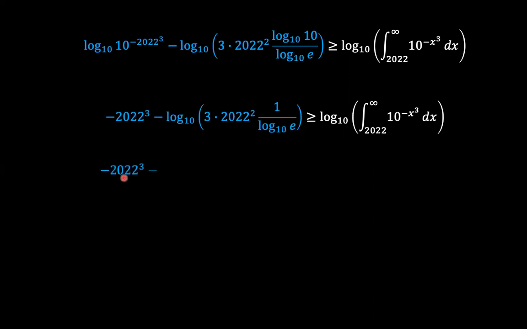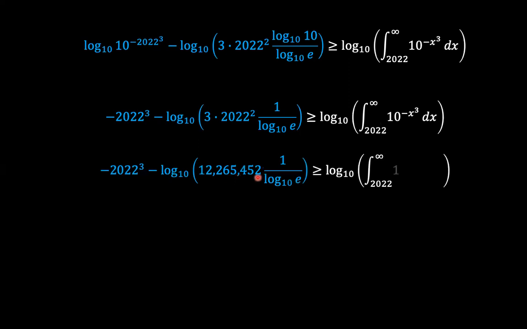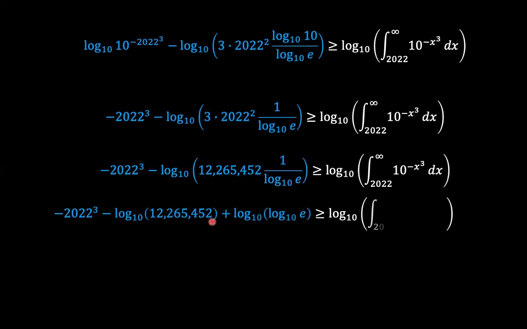And so this is negative 2022 cubed minus log 10 of 12,265,452 times 1 over log 10 log 10 e. So this becomes negative 2022 cubed minus log 10 of 12,265,452 plus the log 10 of log 10 e.